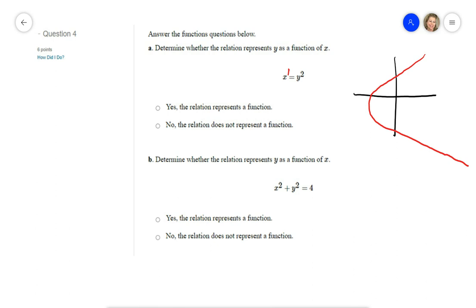And then I like to just simply use the vertical line test. And if I draw a vertical line through this graph, it crosses it in two places. Both of these points have the exact same x coordinate, which would be whatever it is right here. Let's say it's -2.